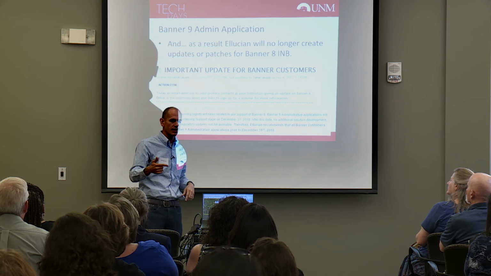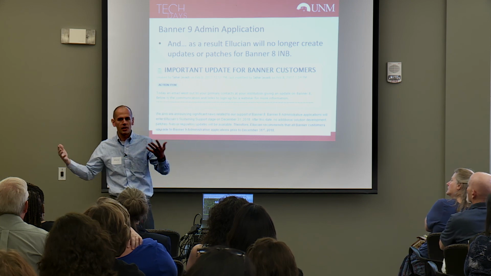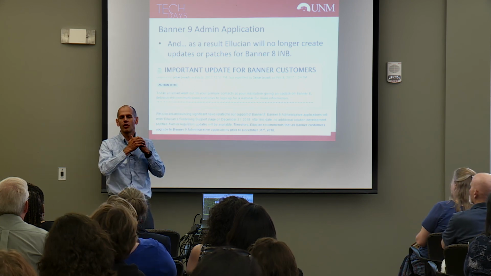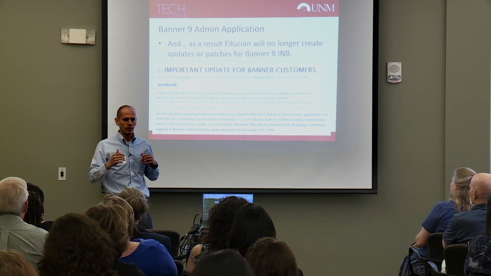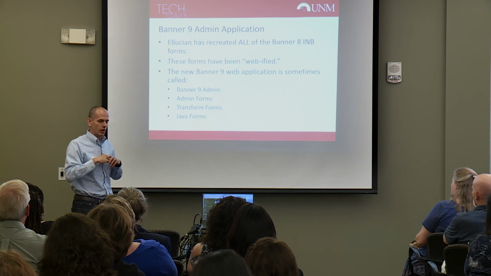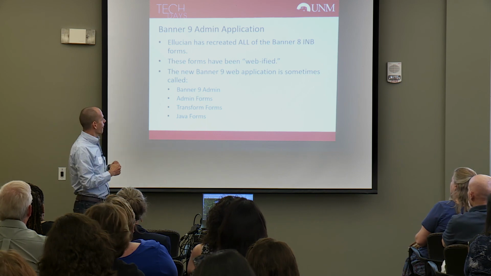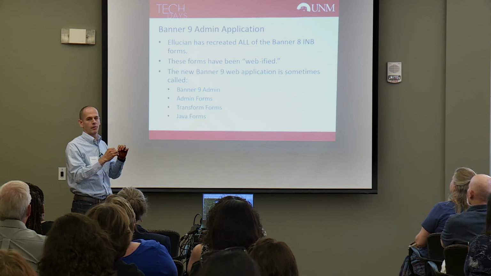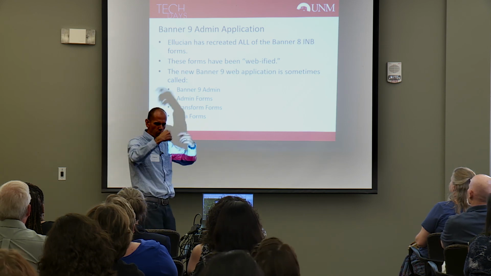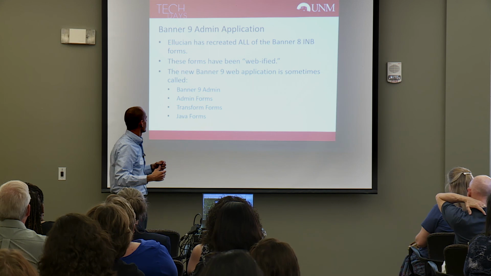And what that means is they're not going to be creating any new upgrades. They're not going to be doing any new patches for any of this. So what does that mean for us? The vendor, their name is Ellucian. They have recreated all of the forms that exist within INB, and they've webified those forms.